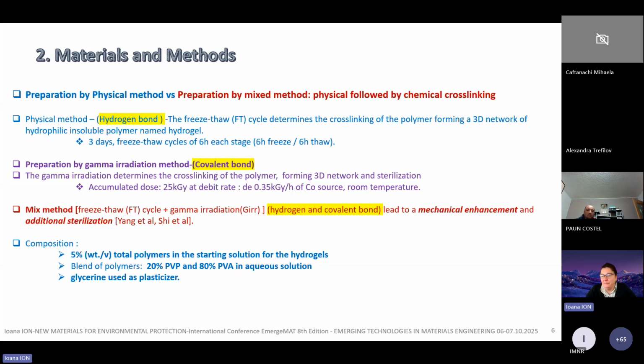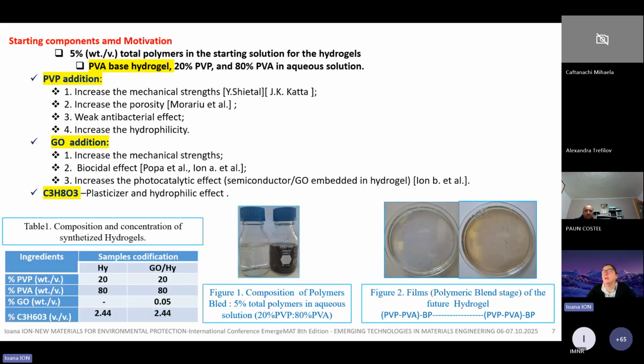Composition was 5% of polymer. The polymer was a blend made of PVA and PVP and, like plasticizer, glycerin or glycol. Starting compounds and motivation.